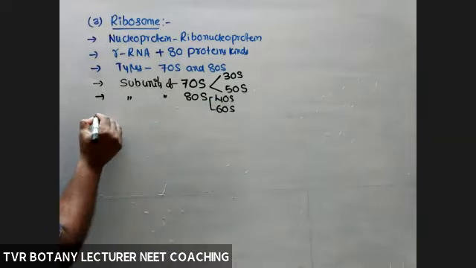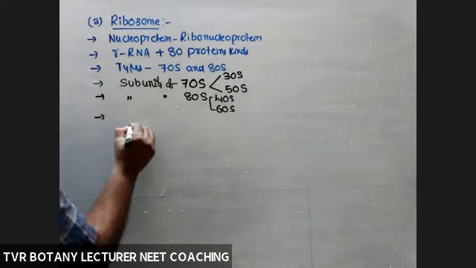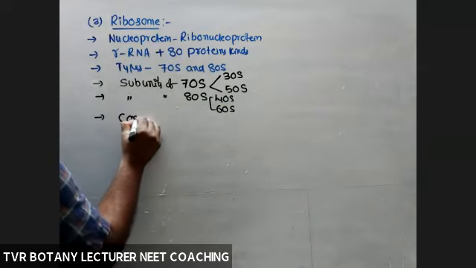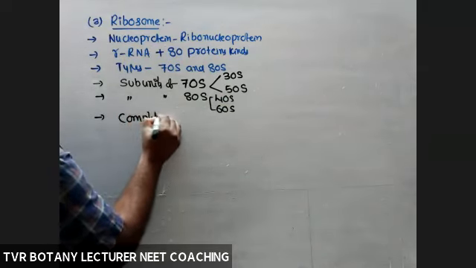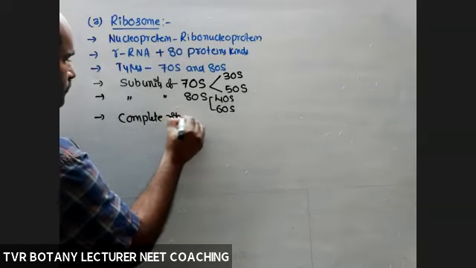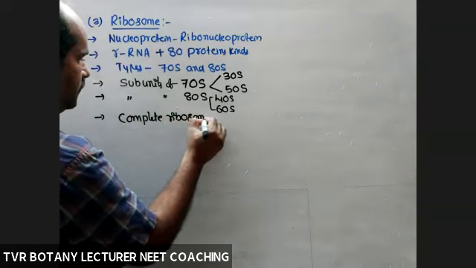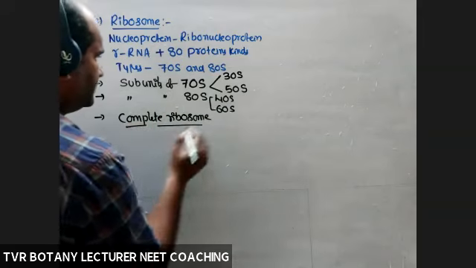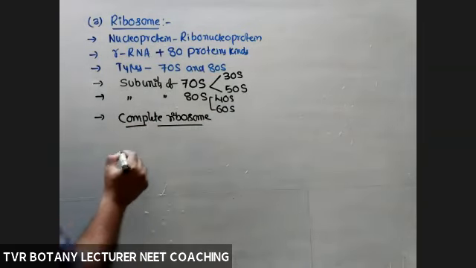So what is a complete ribosome? A complete ribosome means association of the concerned subunits.